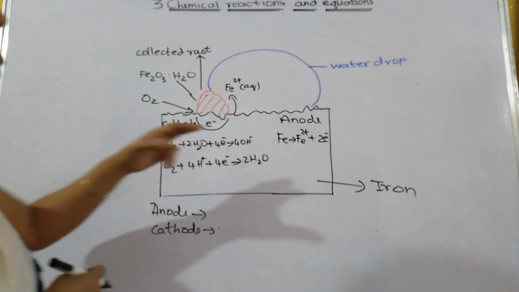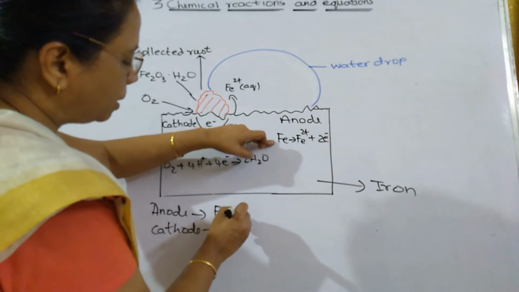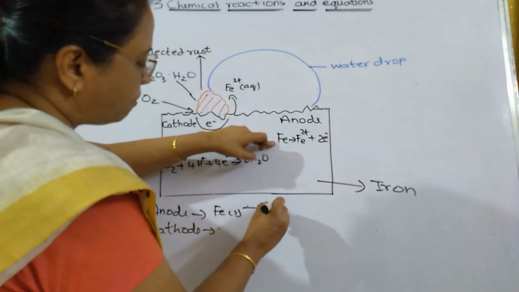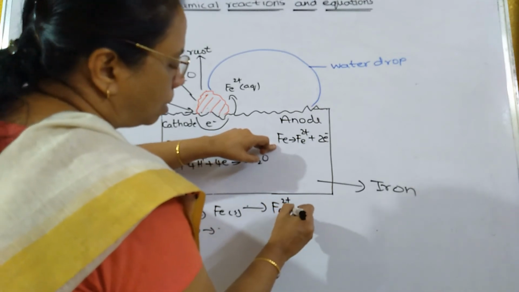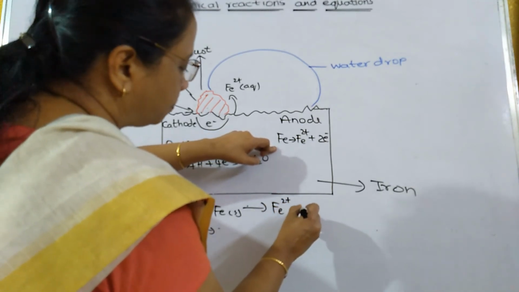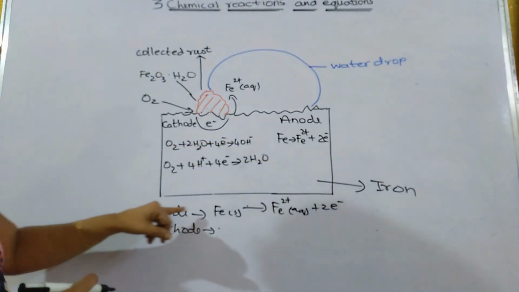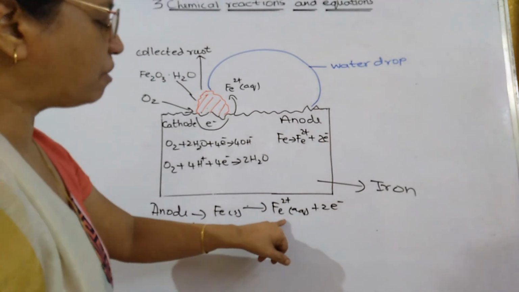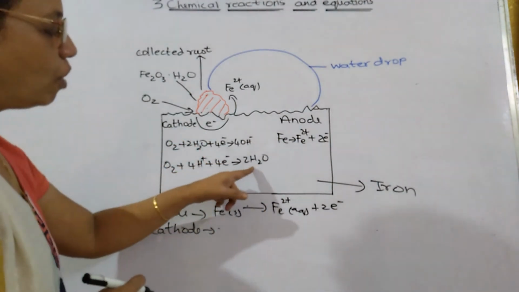So now what happens at the anode? At anode Fe, which is solid, forms Fe2+, that is aqueous, plus 2 electrons. So at anode Fe gets oxidized to form Fe2+, and at cathode oxygen gets reduced to form water molecules.